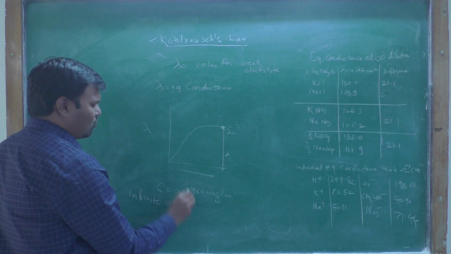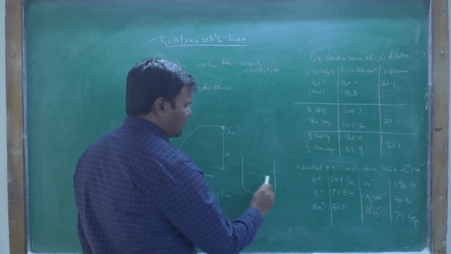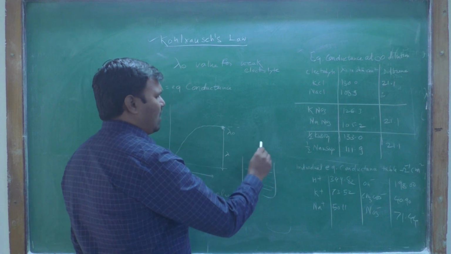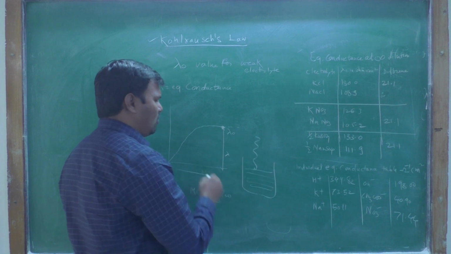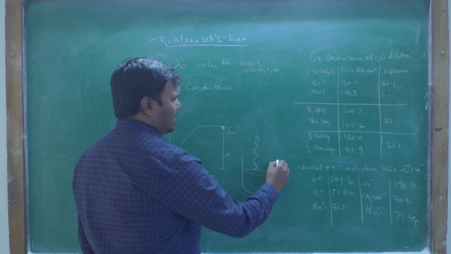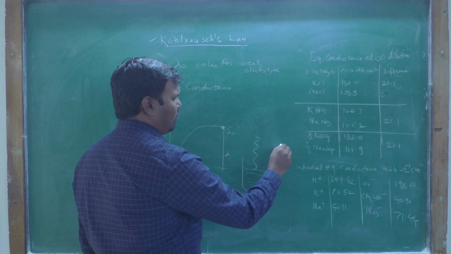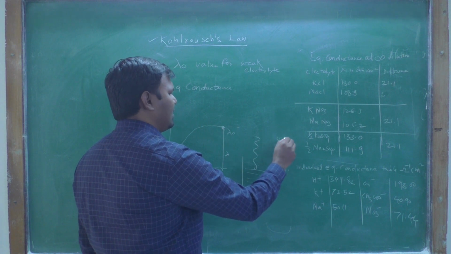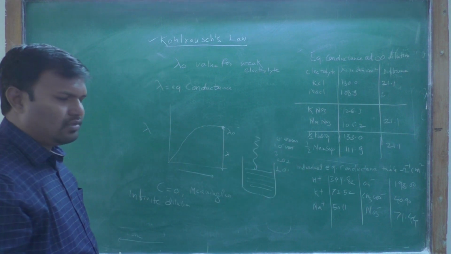Infinite dilution means that when you have an electrolyte and you add solvent, it gets dilute. You add more, first 0.1 dilute, 0.2 dilute, 0.05 dilute, adding water each time.